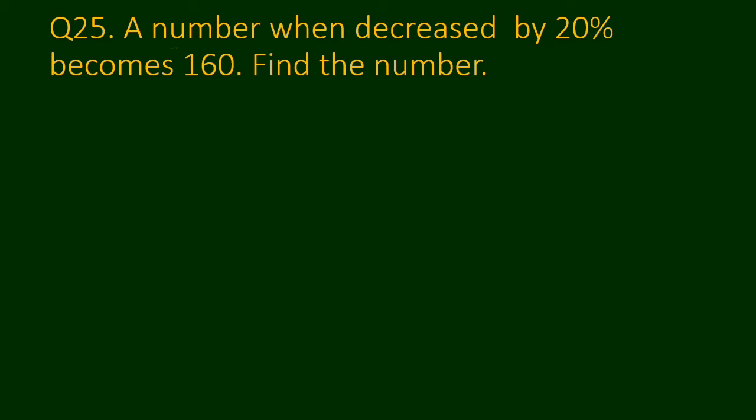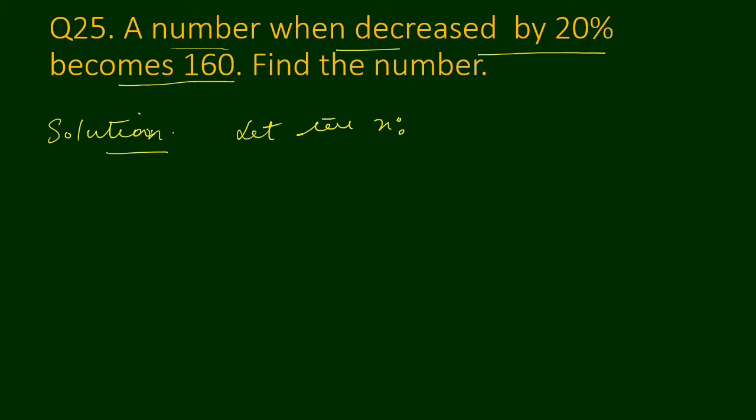Next we have question number 25, and it says a number when decreased by 20% becomes 160. In the previous question it was increased, and in this question it is decreased. Find the number. So let the number be x.